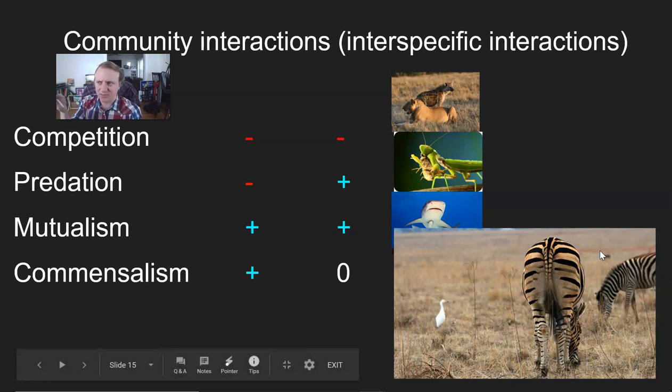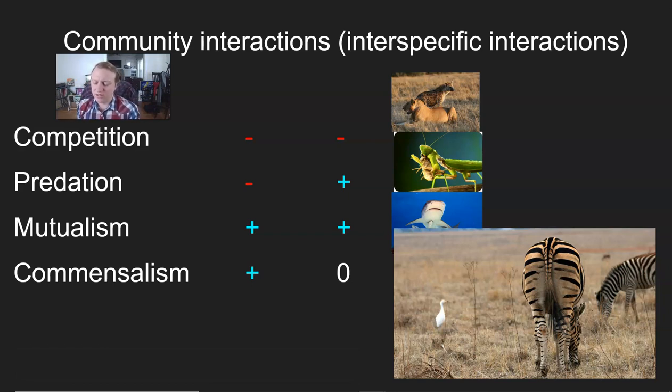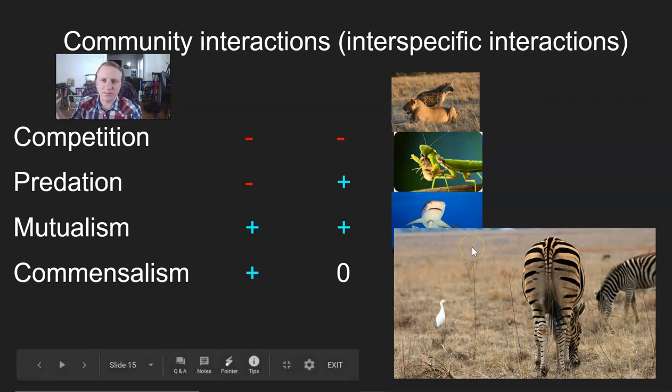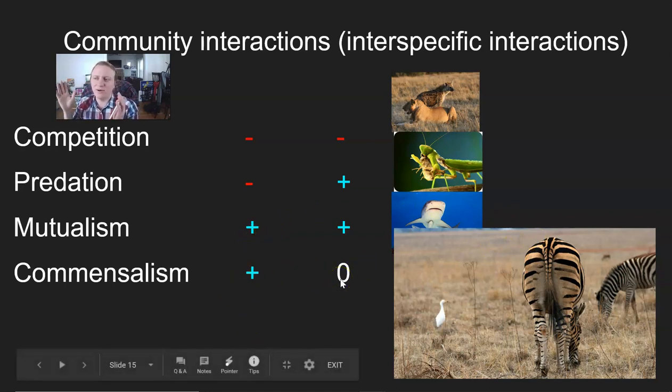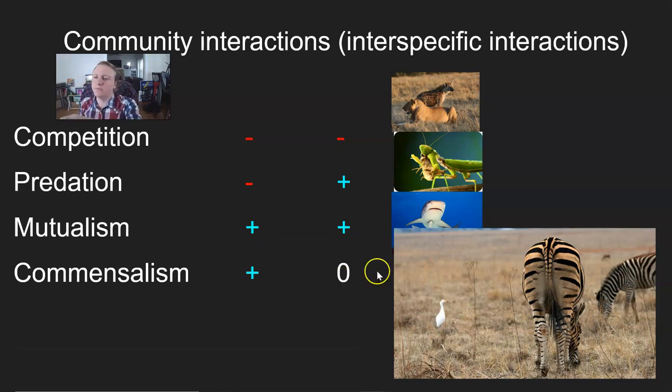This might be a different species because it's near a zebra, but it's these birds that hang out near large animals, and basically the large animals, as they're moving through and eating the grass, cause bugs to get kicked up, and the egrets get to eat some bugs. They're not eating enough bugs to decrease the bug population in any way, and so the zebras don't really mind. So this is a plus and just a zero. One organism benefits and the other is just kind of, whatever, that's cool.